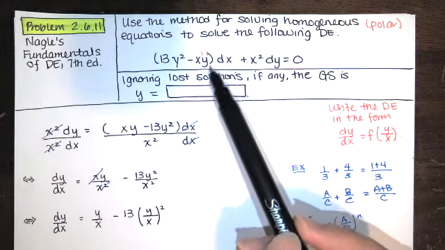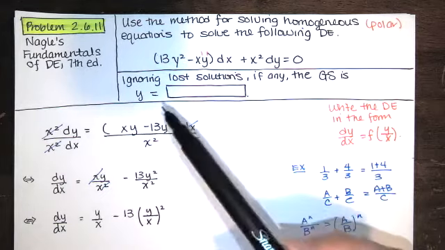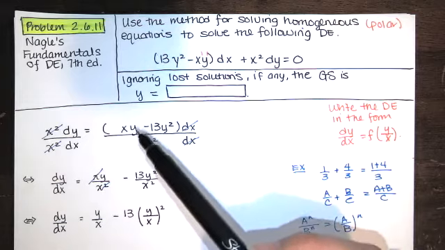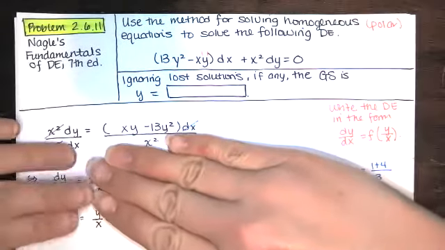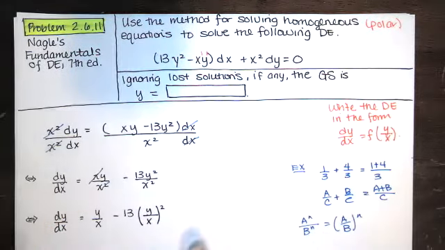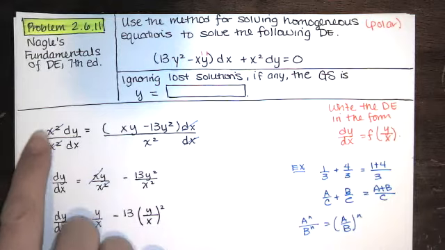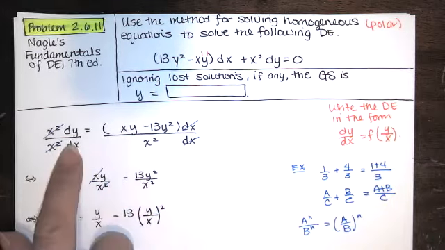And then to get rid of this negative xy times dx, I'm going to add that to both sides. When I add that to both sides, I have a positive xy times dx over here. So if we start there, we have that. Now we're trying to make it look like this. So we will divide both sides by x squared, and we'll divide both sides by dx.